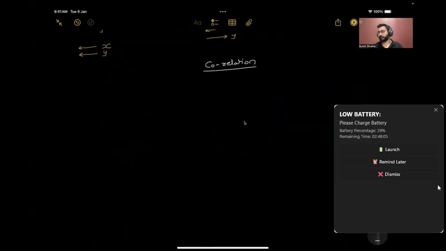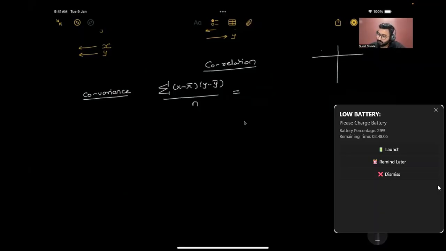Correlation. Now, what is correlation? In the case of covariance, the formula is summation of x minus x average into y minus y average divided by n. Right? This is what we have done. But here, what is the unit? Let's say I'm talking about this kind of data where x talks about age, y talks about income.